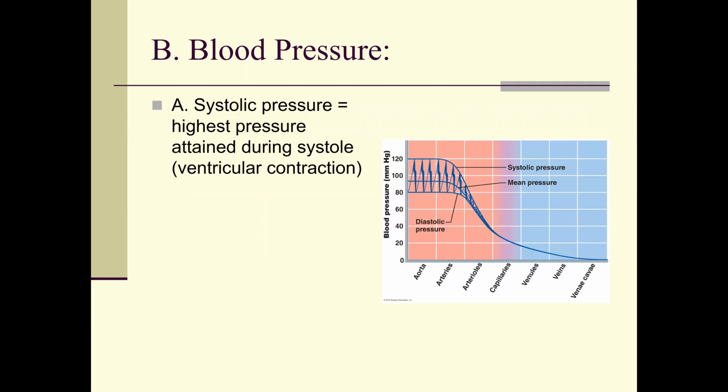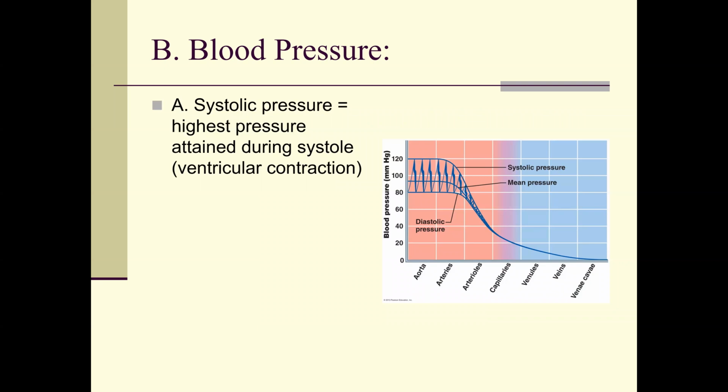All valves are shut, so the pressure increases. The volume of the ventricle decreases in size while the volume of the blood remains constant. So the pressure increases until the point that the pressure inside the ventricle is greater than the pressure outside, whether it be the pulmonary artery or the aorta.